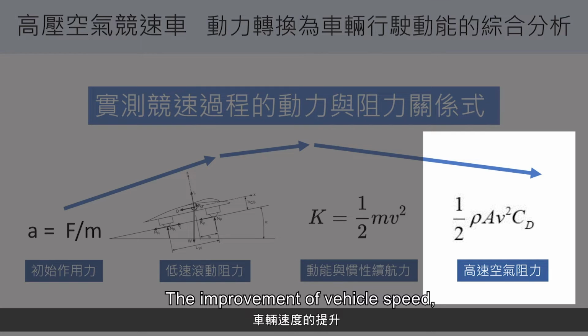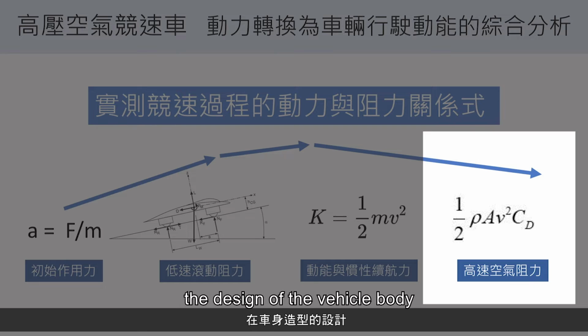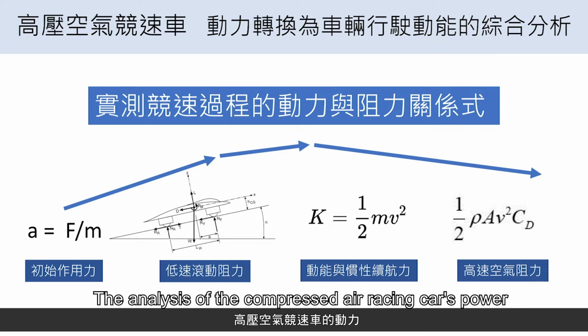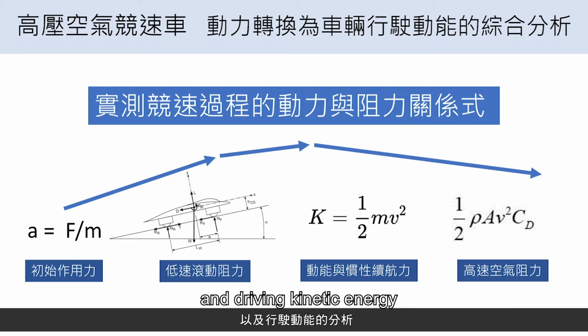The improvement of vehicle speed, the design of the vehicle body, and driving stability will be major design considerations for the improvement of endurance and decrease of speed reduction. The analysis of the compressed air racing car's power and driving kinetic energy is a complex dynamic variable.